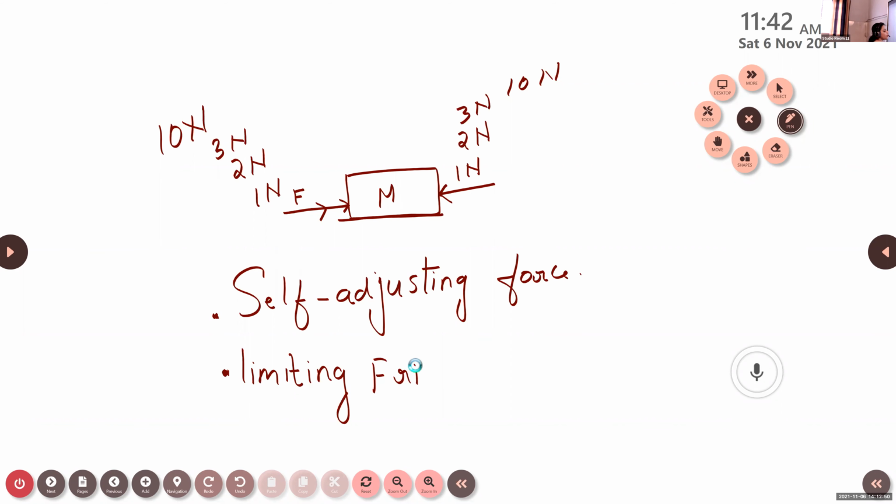So what do we mean by limiting friction? Limiting friction is a particular point at which the object shows a tendency to move from its rest position. At that point we can say that the static friction reaches its maximum value. So limiting friction is the region at which static friction reaches a maximum value.